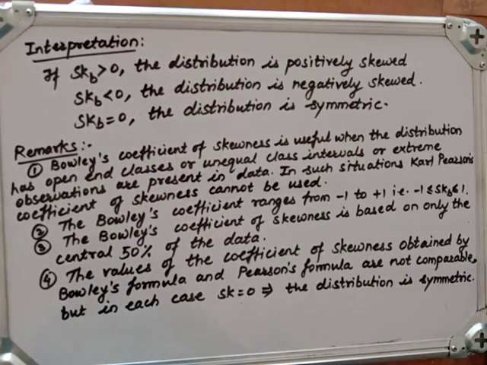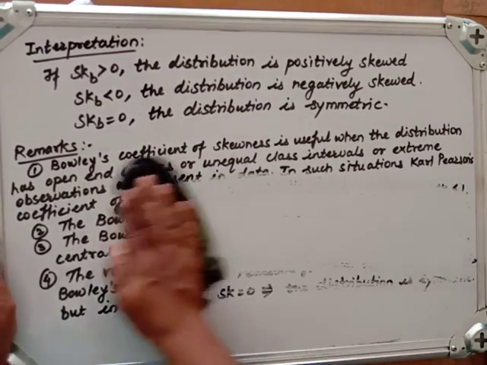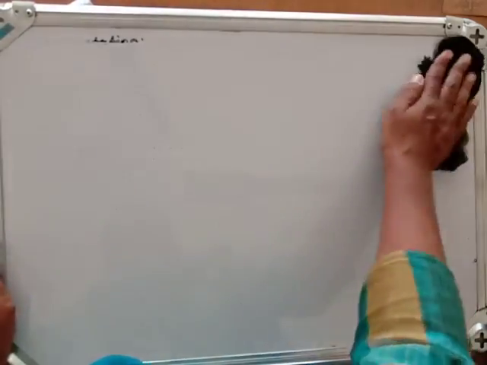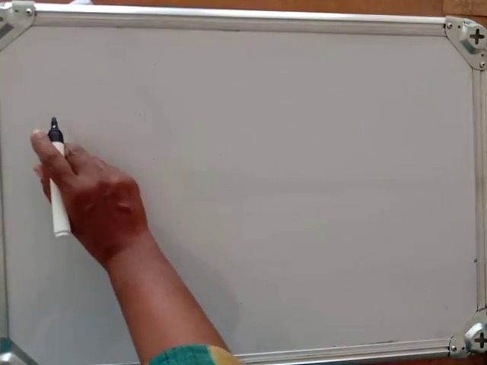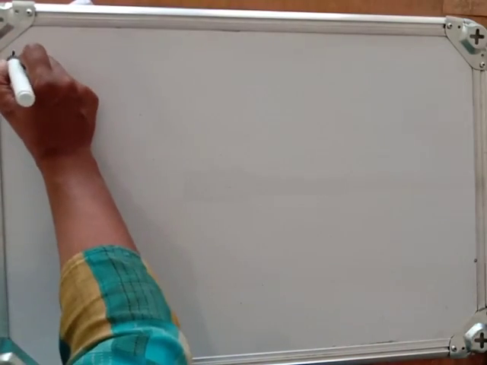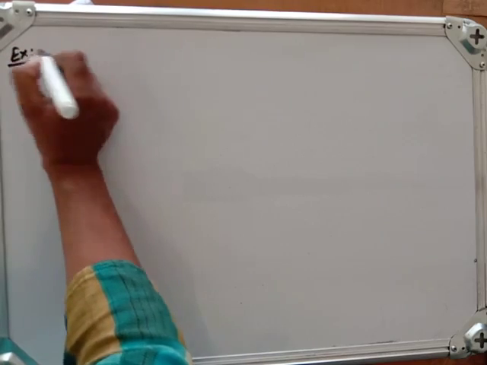Fine. Now let us see the examples. For quartiles also we have seen a box plot to represent quartiles. So sometimes the question will be asked to express the distribution using a box plot also. So let me take the example of that kind first.